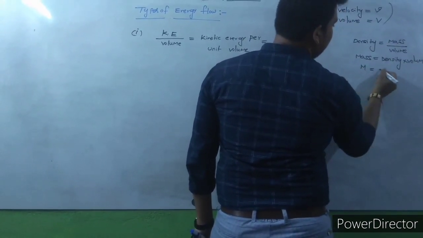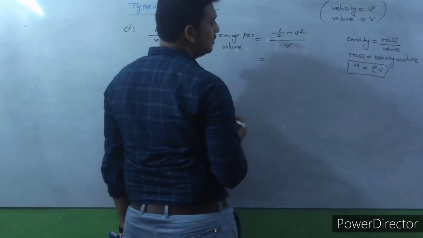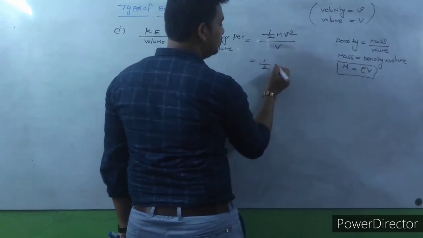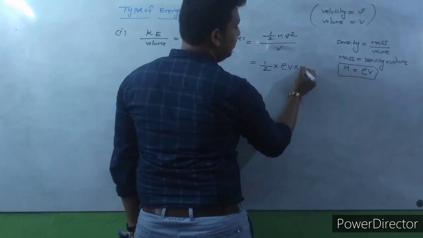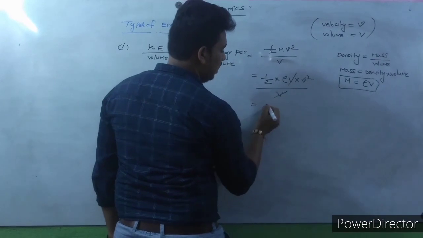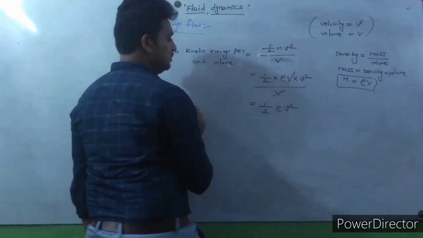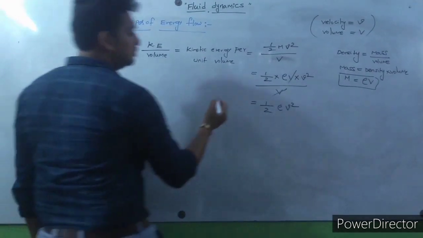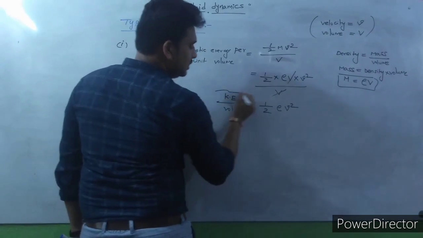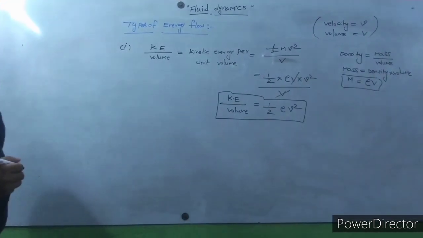So finally what we got here, half into density into volume into v square by V, volume is cancelled, half rho v square. So kinetic energy per unit volume is equal to half rho v square.